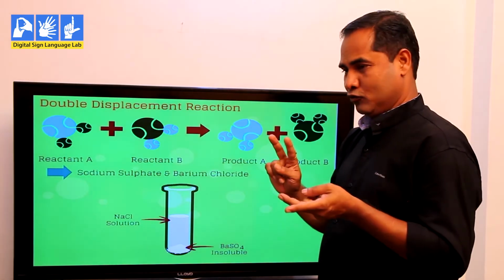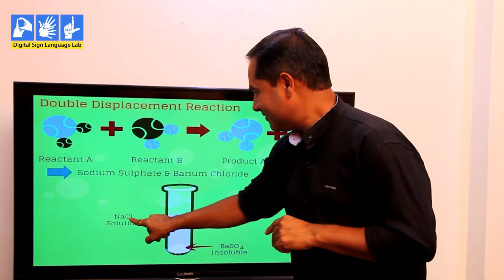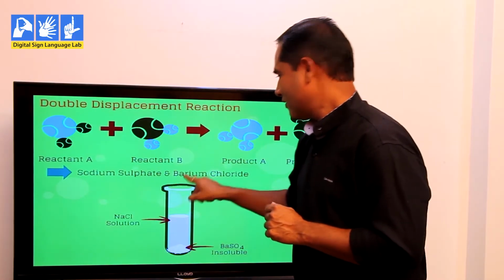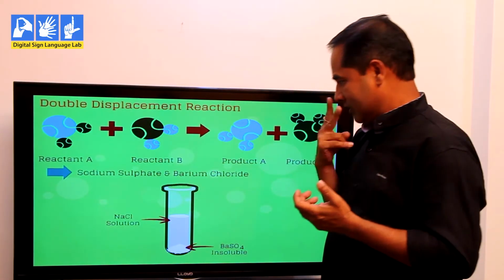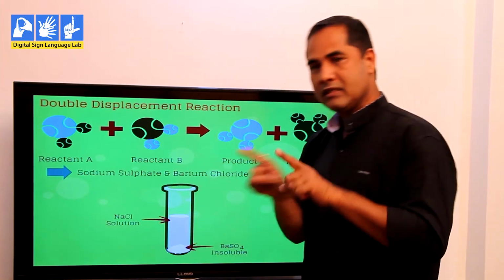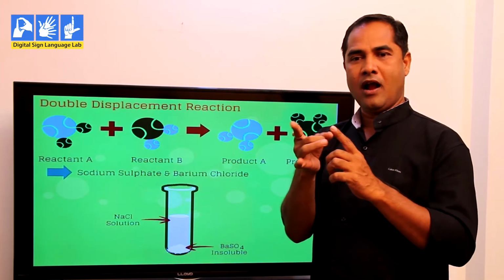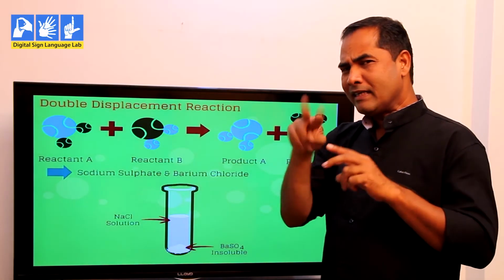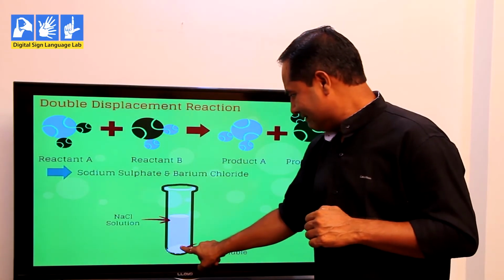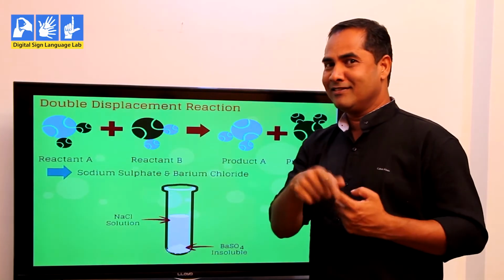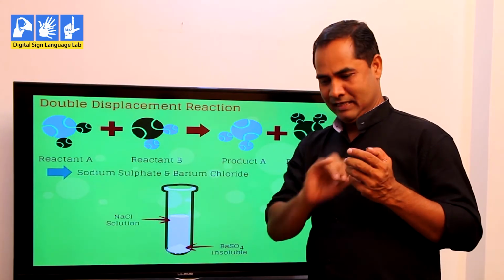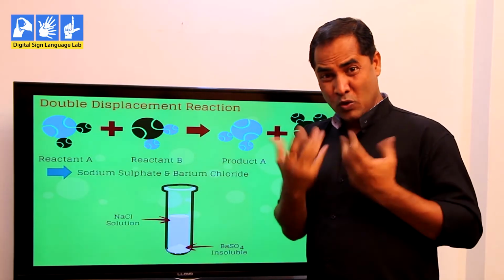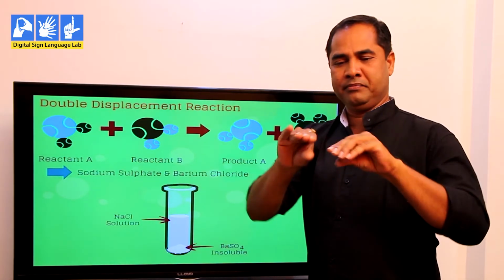Both of these elements get exchanged. We have sodium chloride and we have barium sulfate. So this is the final thing that we get, where the sodium chloride, which is same as salt, remains in the solution, whereas the barium sulfate becomes insoluble in the solution, and you can see it as the precipitate, and you can remove it.